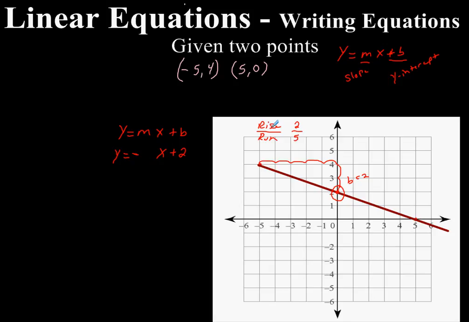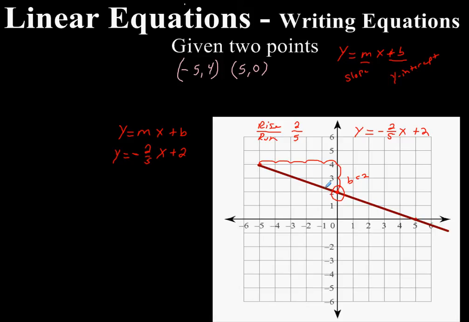So we have a rise over run of 2 over 5. So just from the graph, we know that the equation of this line is y is equal to negative 2 over 5 x plus 2.